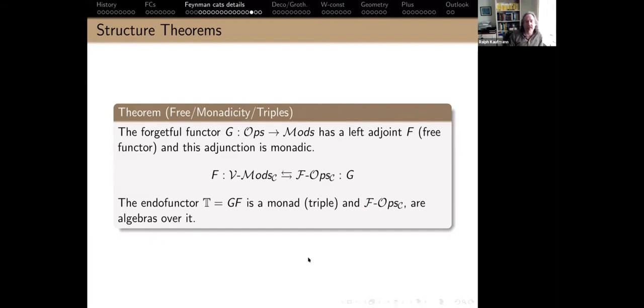One was free functors. This is why the V is there and it's an important part of the data. I have a forgetful functor from my monoidal functors on this monoidal category F, just restricting it to the basic objects or pulling it back via the functor I to the V modules. And the first theorem we proved was that this is an adjunction, which is an adjunction of functors, but remember, these are monoidal functors, so there's something to prove.